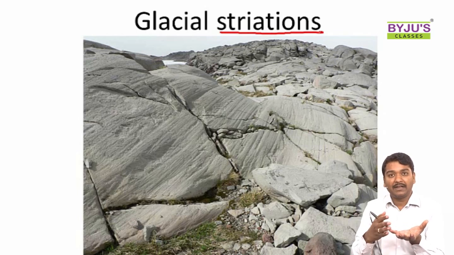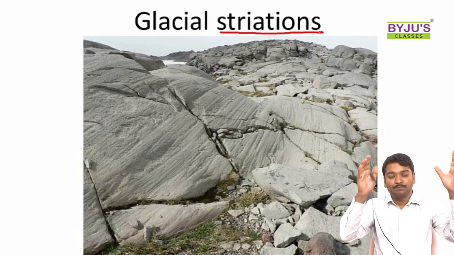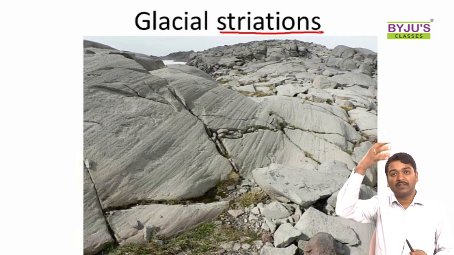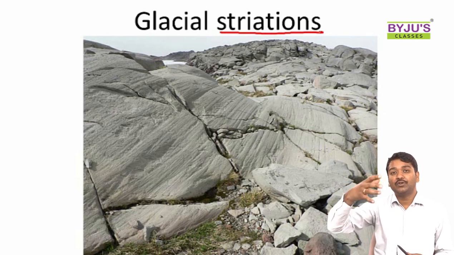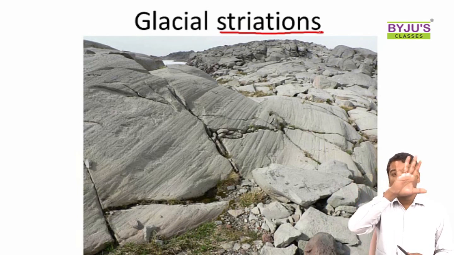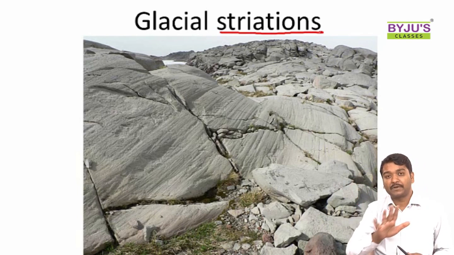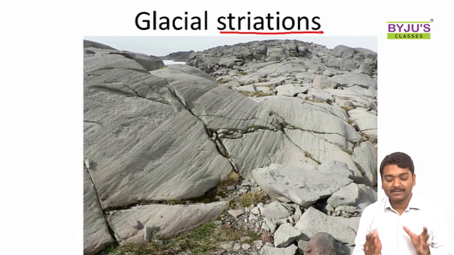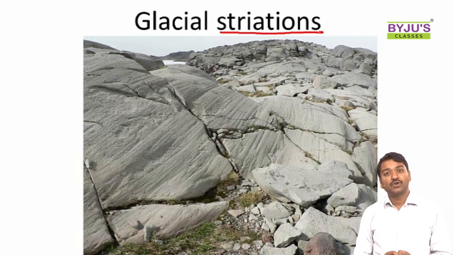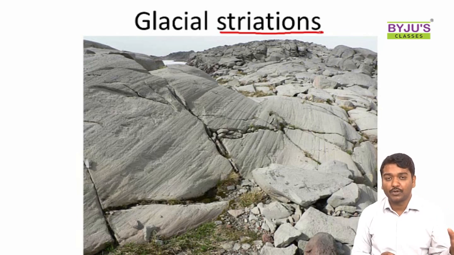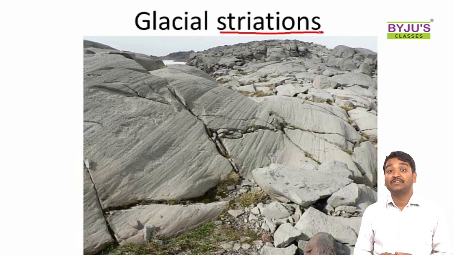So if you take the Himalayas today, there is rock and it is completely covered by ice. Whenever the ice moves on the Himalayas, you can see that the movement is being represented on the stone. So that is glacial striations. So he found these glacial striations right from South America till Australia, which is usually present in the equator.